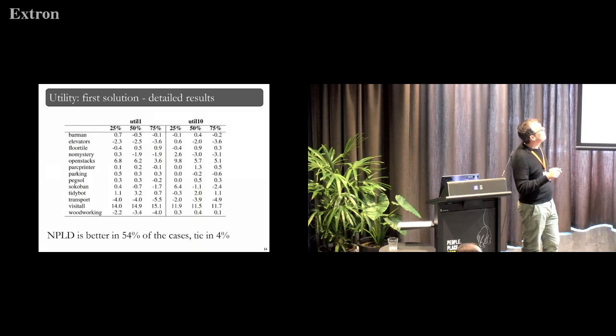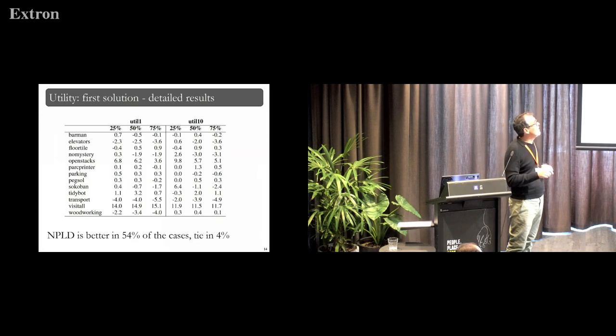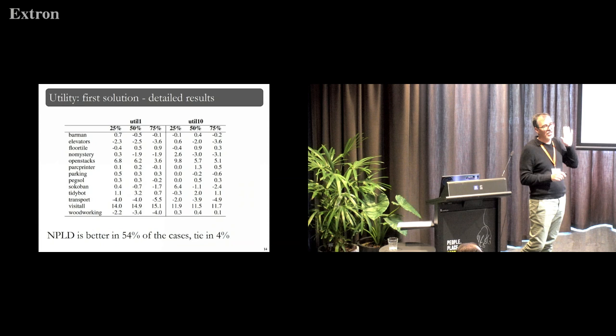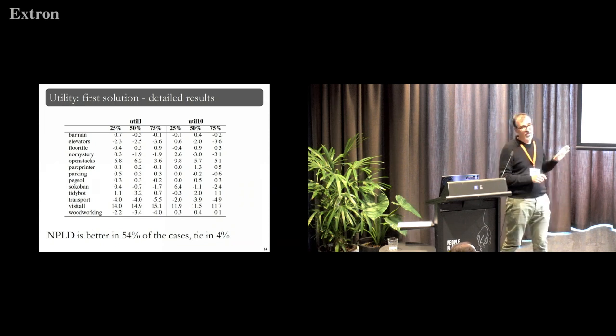So this 0.7 here means that we get 0.7 points more in score in that domain and that oversubscription degree. You can see here that most of the gains are coming from two domains, OpenStacks and VCTOL. But even with that, in 54% of the cases, our complete approach is better than just using a lazy evaluation, and there is a tie on 4 of them.